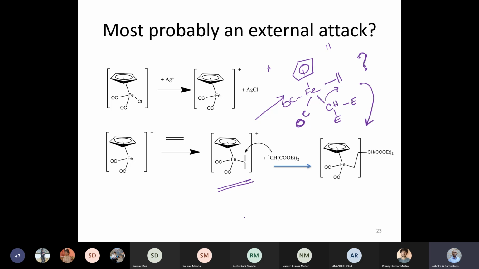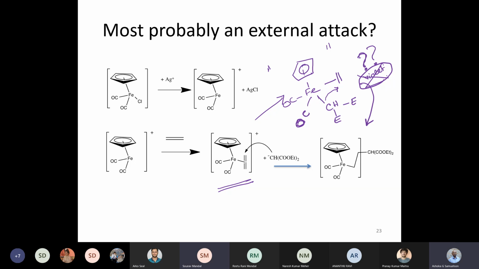So let me ask the question, why is it that I'm saying that this is probably not possible? Why is it that this species, which I have written in violet, this violet colored species, is probably not possible? Sir, it's a 20 electron species.